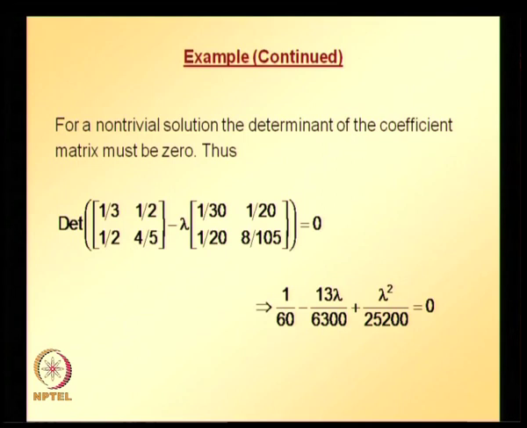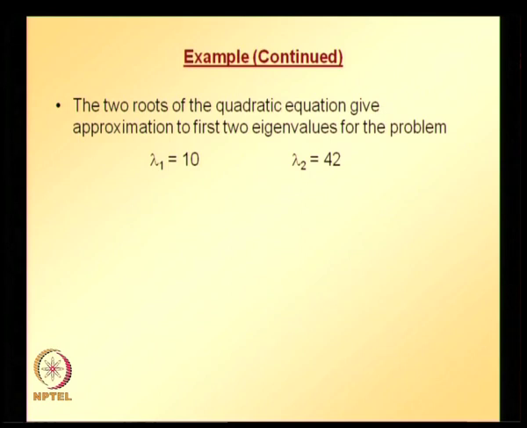This is the characteristic equation, and the order of the characteristic equation depends on the size of the matrix that you have. Here you get a quadratic characteristic equation which you can solve for lambda, and you get 2 roots, lambda 1 and lambda 2.